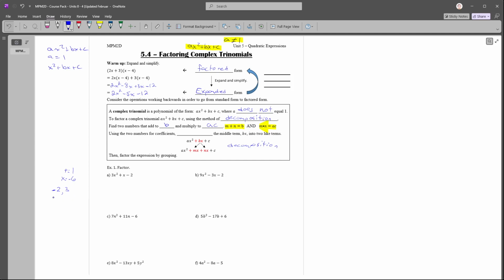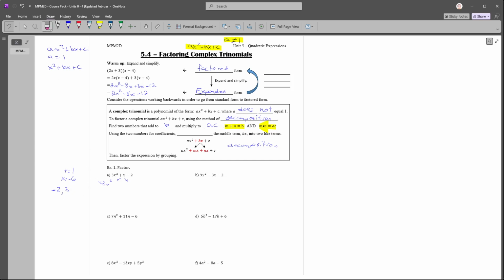Okay, so with this in mind, now we decompose. So this is still going to be our 3x squared. We're going to leave that all alone. Now our x is going to get decomposed into two terms. The first term is going to be negative 2x. Actually, you know what? Let's write it. It does make a difference. I guess we can do it like this. I think for the first one, though, I want to keep it as simple as possible.